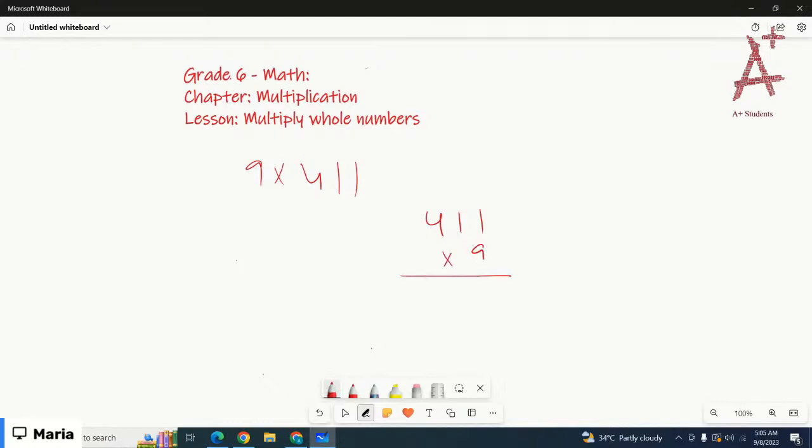Let's just multiply. You have to start multiplication from the ones digit. 9 times 1 is 9. Now you multiply the tens digit. 9 times 1 is again 9. Now multiply the hundreds. 9 times 4 is 36, right? So it is 3699, right?